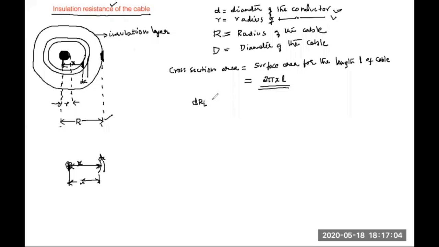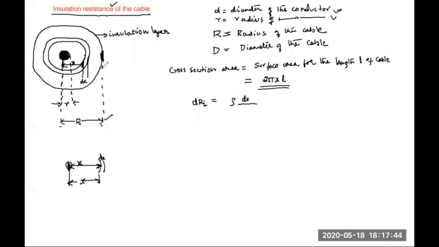Only for small dx distance, the insulation resistance will be given by dRi equal to rho L by A. Using that formula, rho L by A, it becomes rho into dx, because I have considered only a small elementary length dx, divided by A.